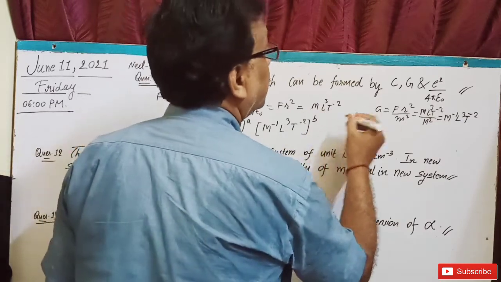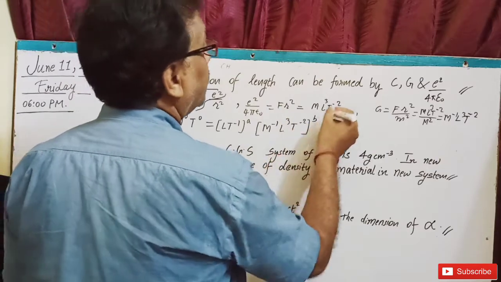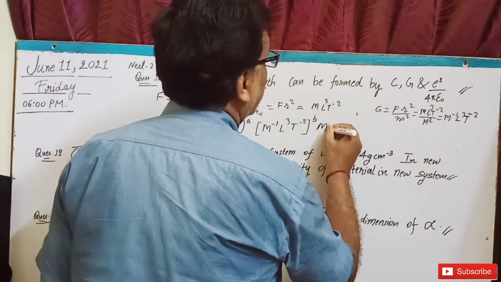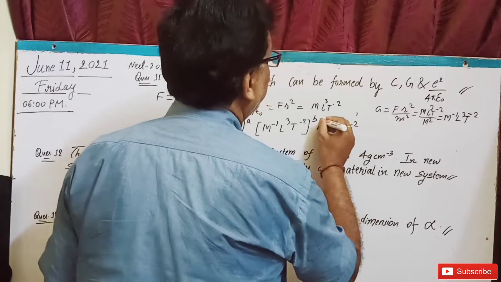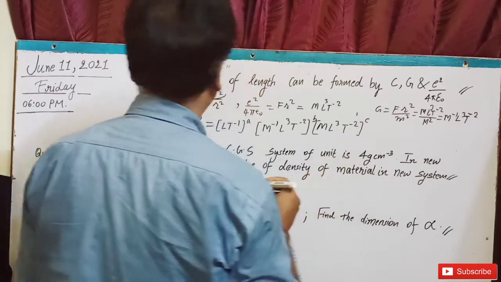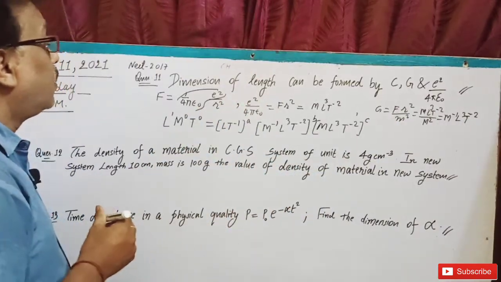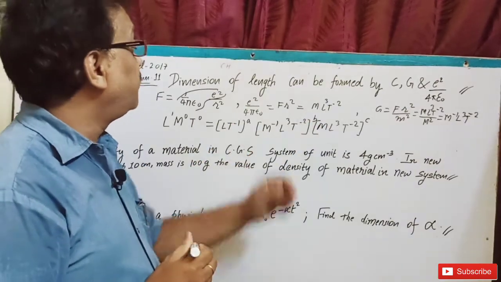And the dimension of e square upon 4 pi epsilon naught goes to be M L cube T power minus 2, power c. Then how can we obtain the values of a, b and c?